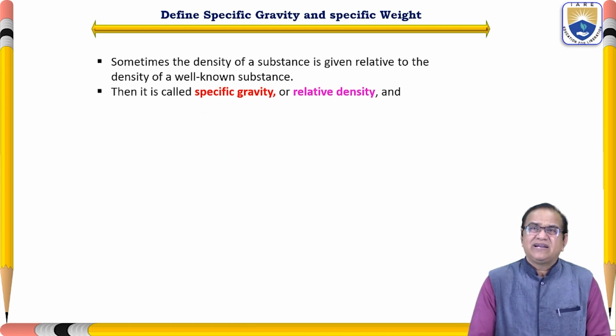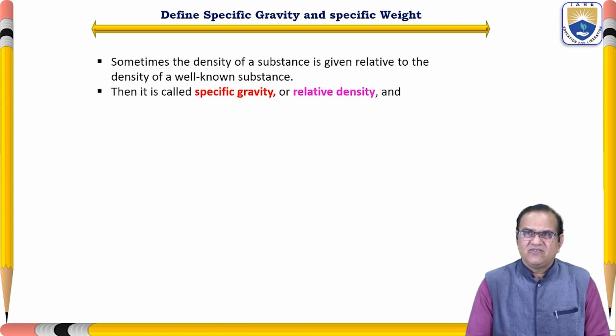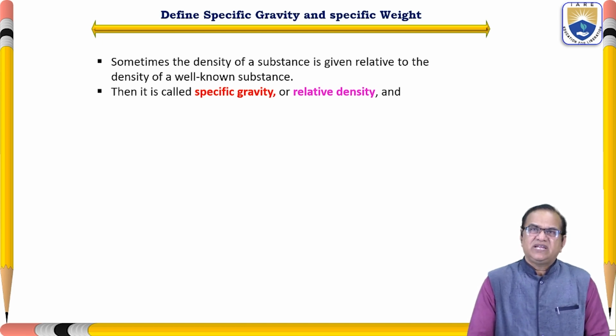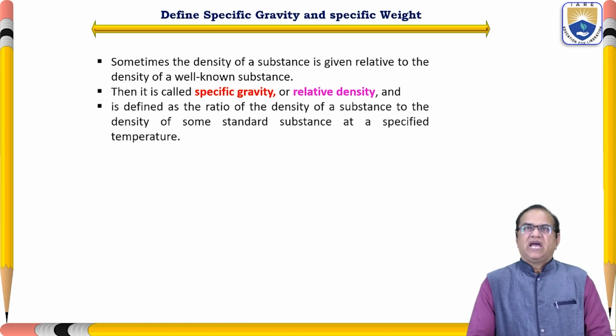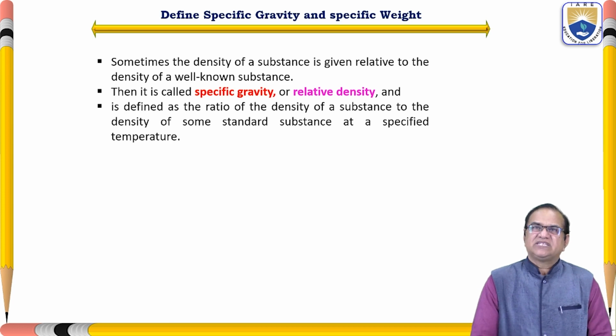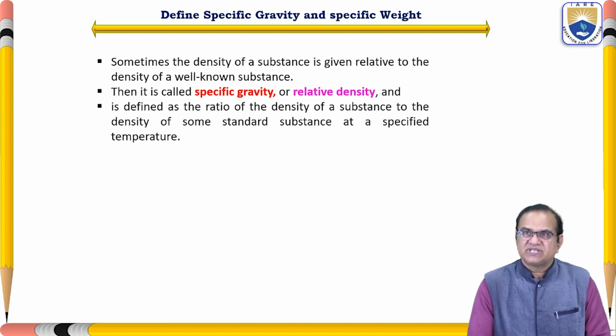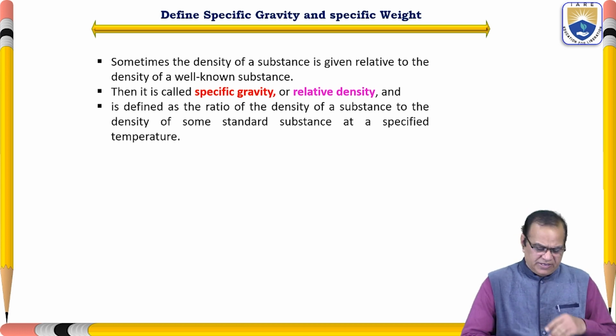Sometimes the density of a substance is given relative to the density of a well-known substance, then it is called the specific gravity or the relative density, and is defined as the ratio of the density of a substance to the density of some standard substance at a specified temperature.